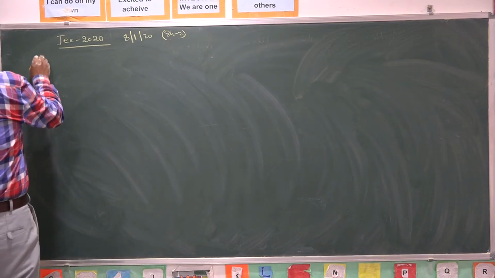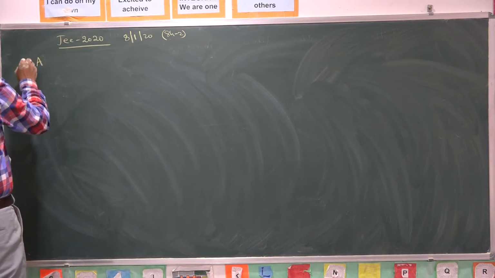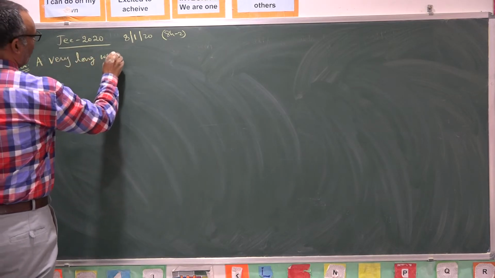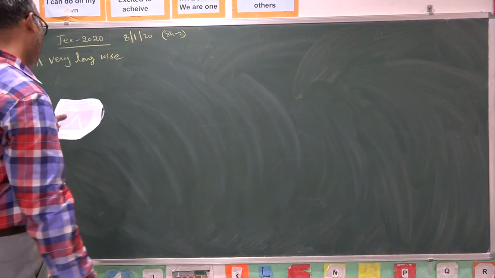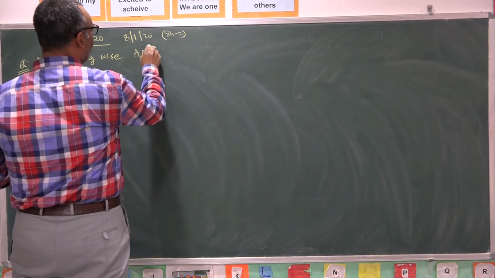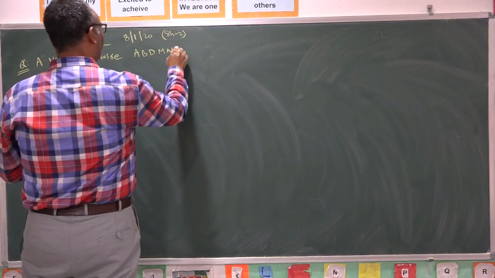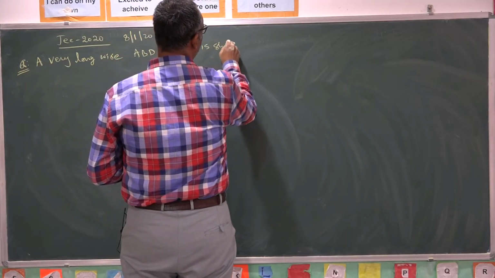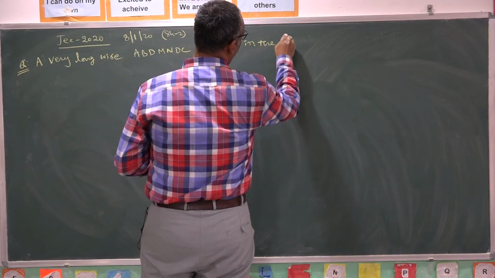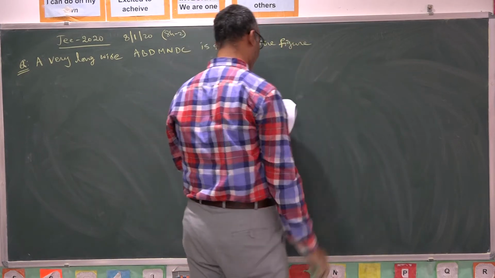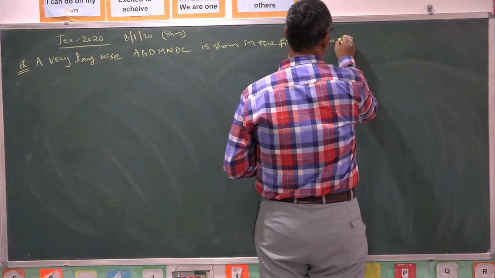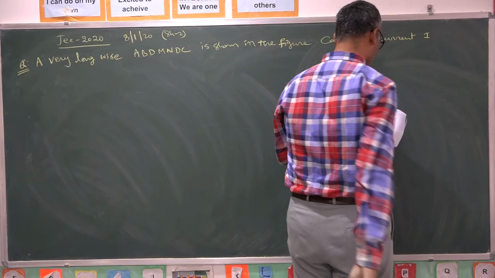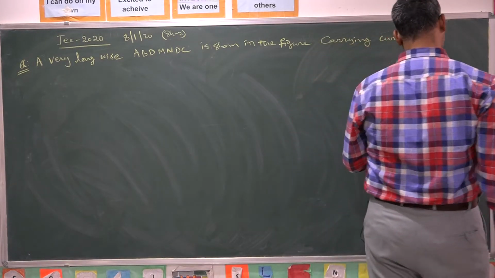A very long wire MNDC is shown in the figure, carrying current I. AB and BC parts are straight.